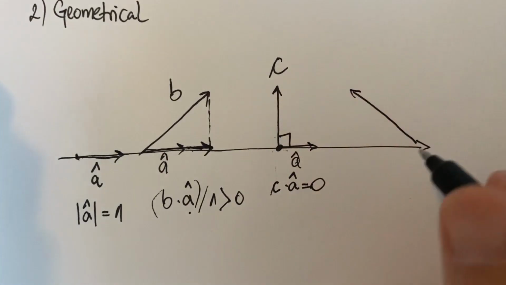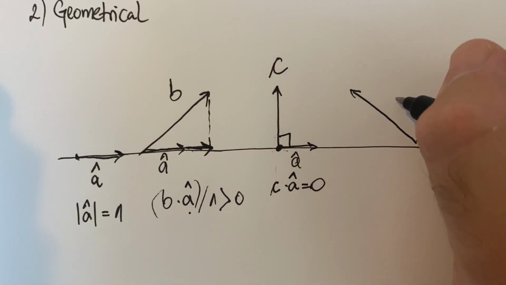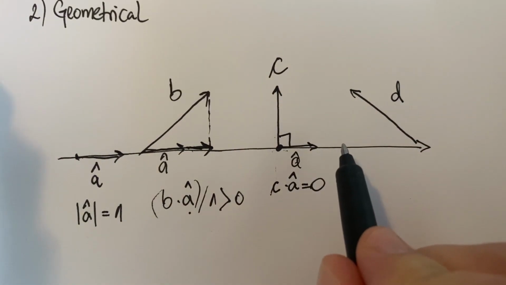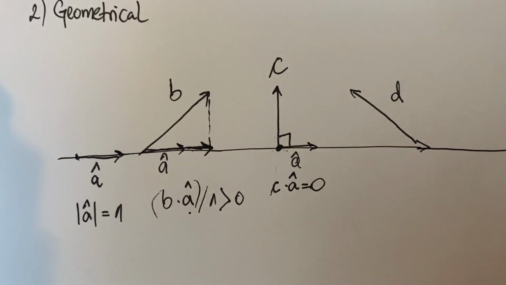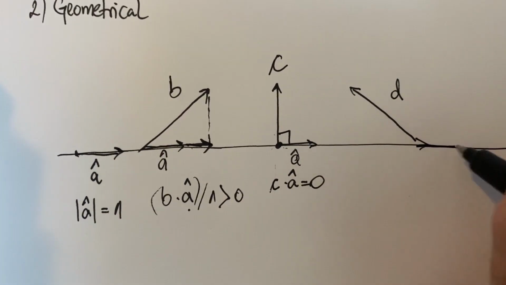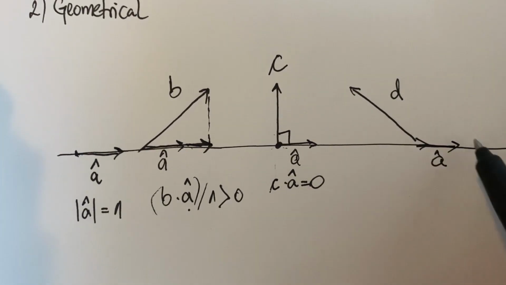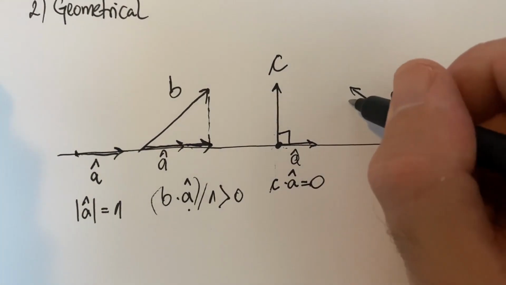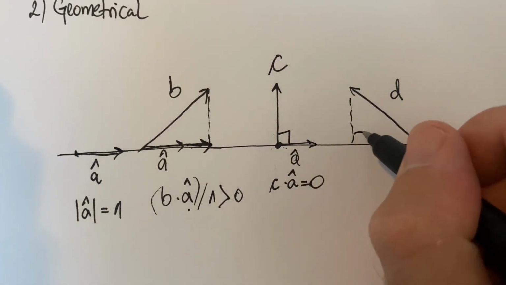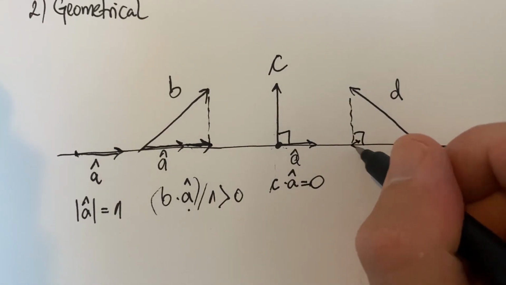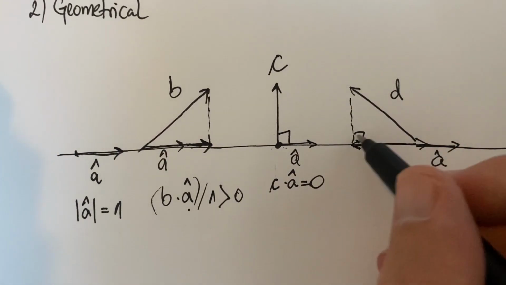And the third scenario is having this D vector that points in a different direction. Let's say that you have A again pointing in this direction over here. If you wanted to project this vector onto this vector over here, you would do the same thing. You go for a perpendicular line and then you project it, so you get something like this.